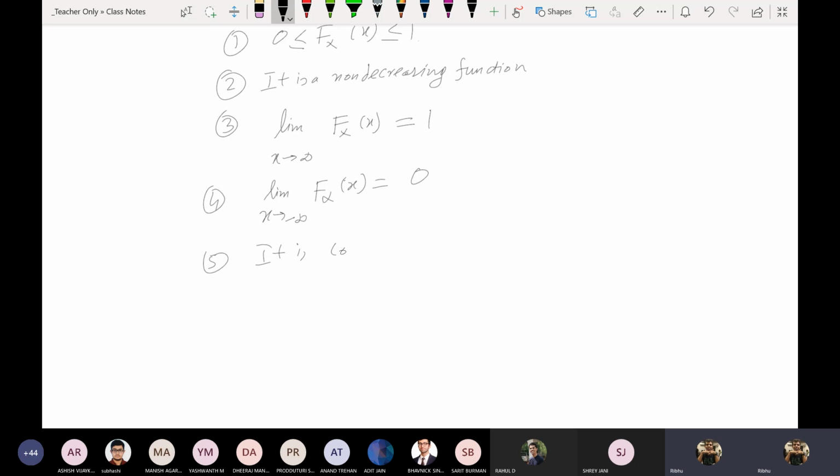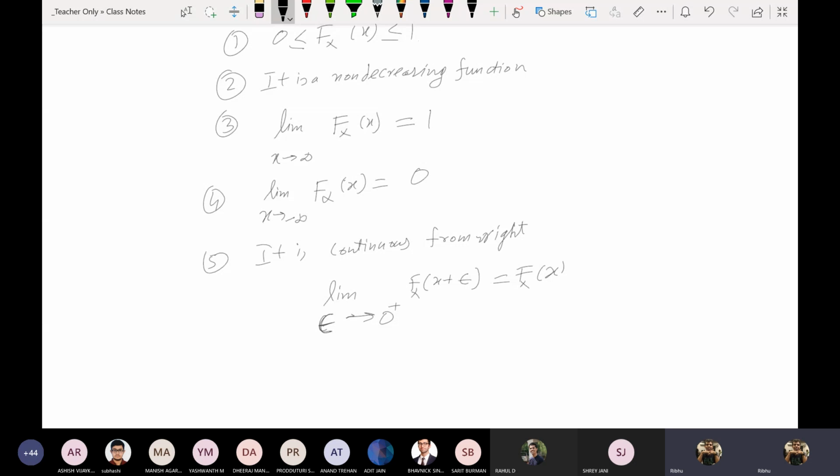It is continuous from right, that is, limit epsilon tends to 0 plus F_X of x plus epsilon equals F_X of x.